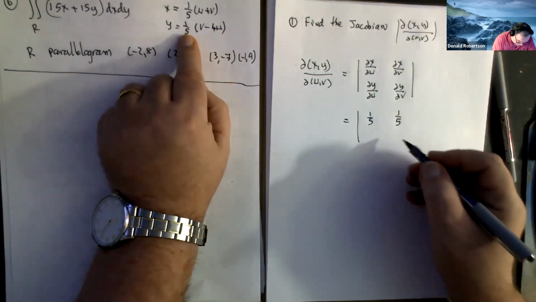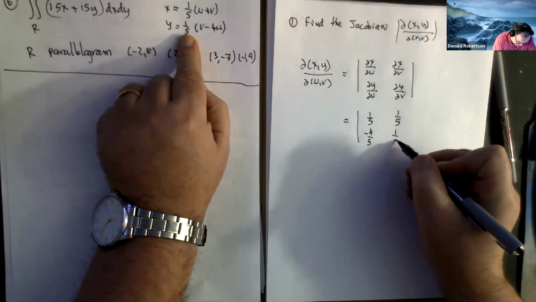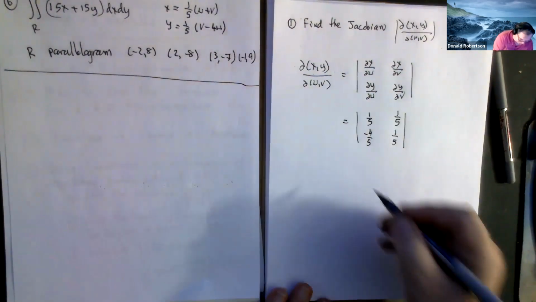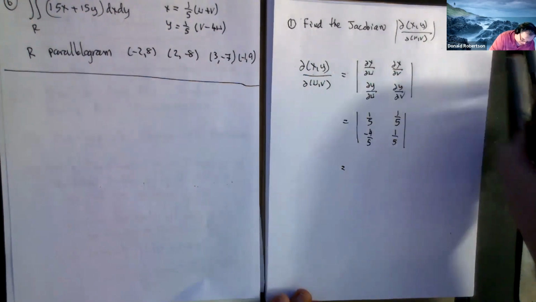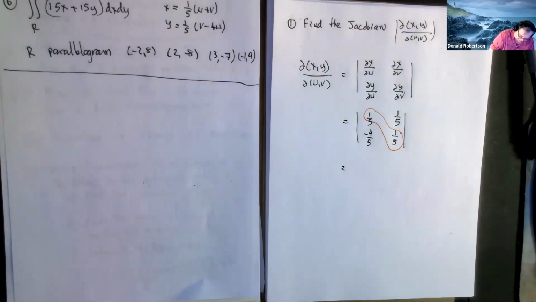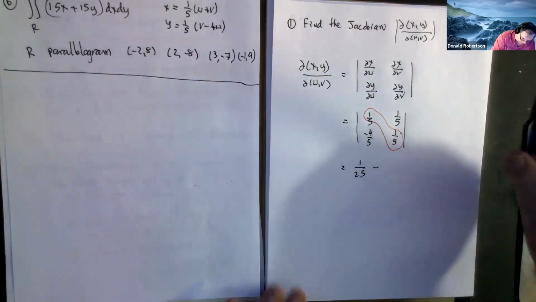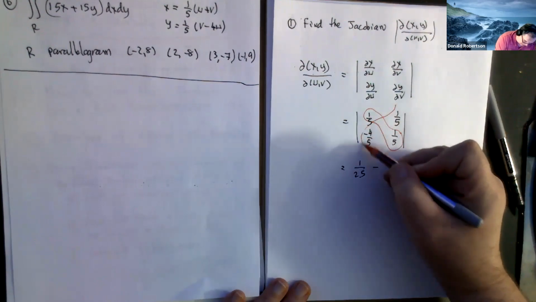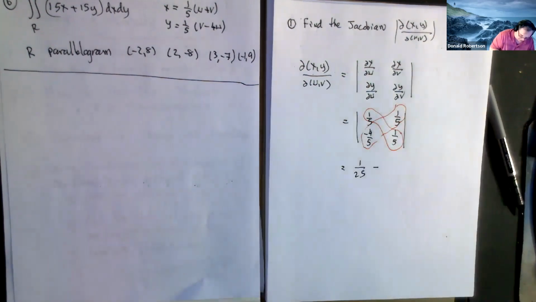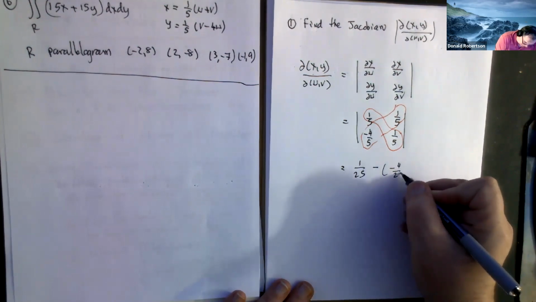If you do this guy with respect to u, you will eventually get negative 4/5, and this guy you'll get 1/5. The major diagonal are those two guys, which is 1/25. Take away the guy that's there, well, it's take away negative 4/25.